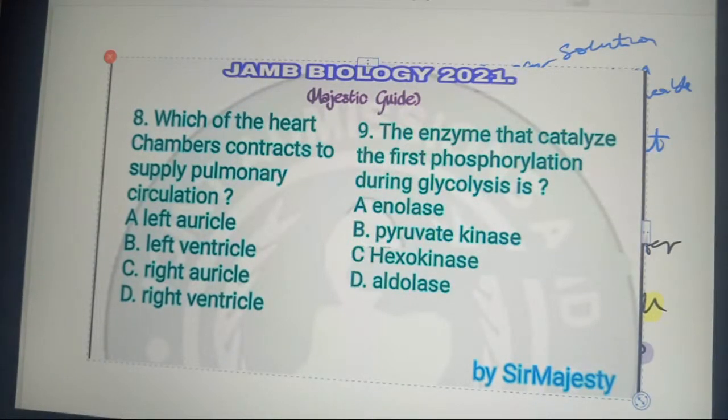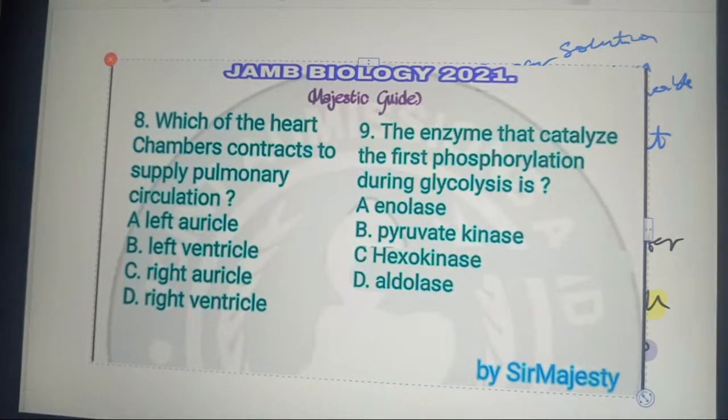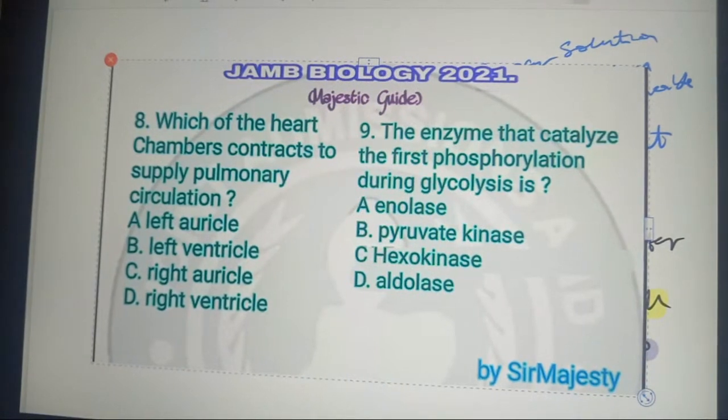Remember that ventricles collectively supply blood outside the heart. So never answer auricles when the supply of blood is outside the heart. The chambers that pump to supply blood outside the heart are called ventricles, but auricles only supply within the heart. So with regard to this, we are looking at either option B or option D.